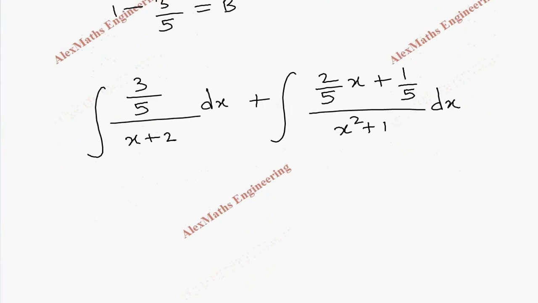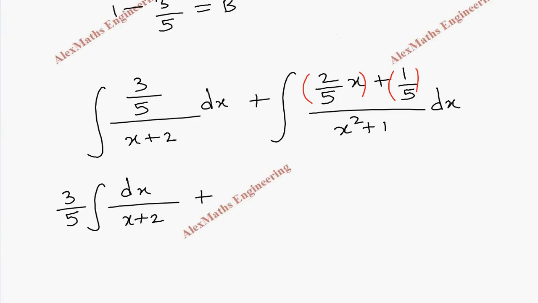But for integration purpose, we have to split this into two parts. So let me write the first part. 3 by 5 is constant which can be taken outside the integration. So integral dx by x plus 2. And here I am going to divide individually by taking this separately and 1 by 5 separately.